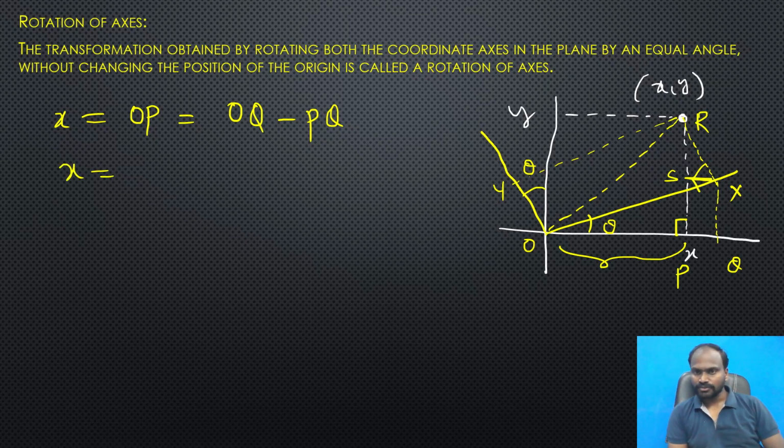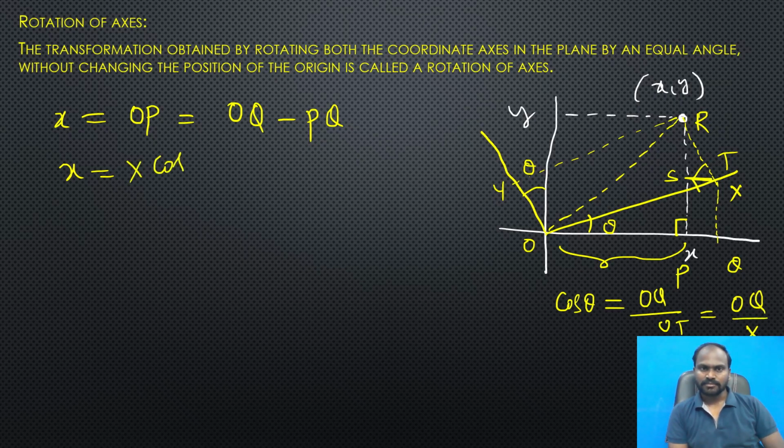So what is OQ? You can see that if you write cos theta from here, cos theta is equal to adjacent side by hypotenuse, which is OT. OQ we do not know, and let us say OT is capital X. So here it becomes X cos theta, minus PQ, let us take here.